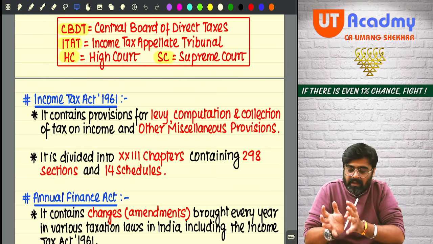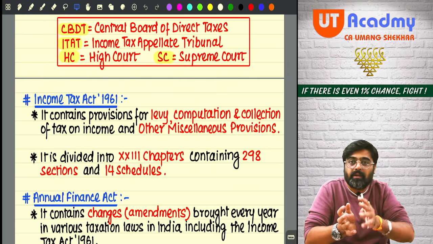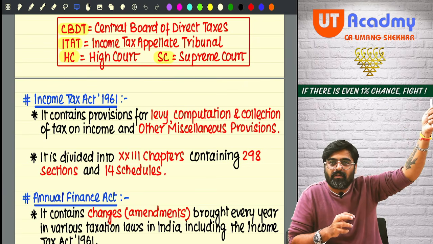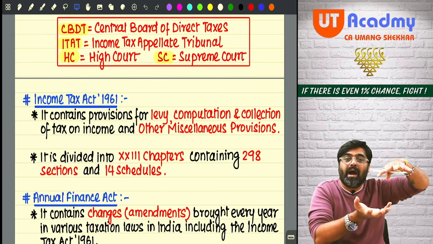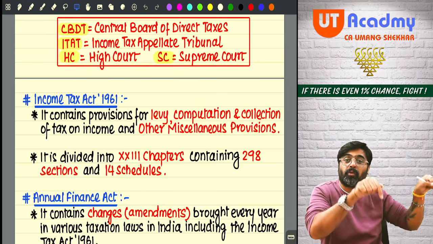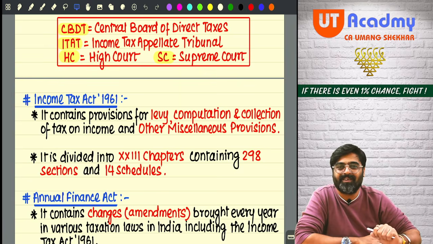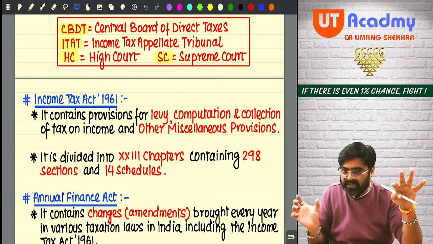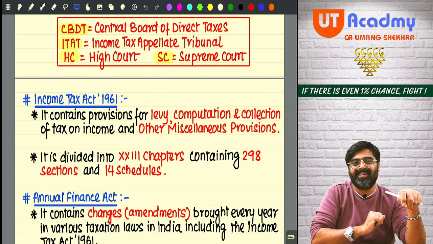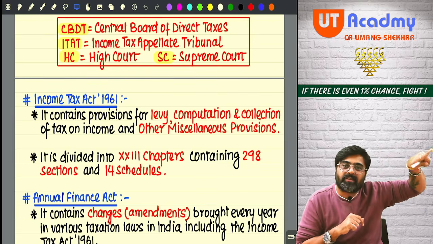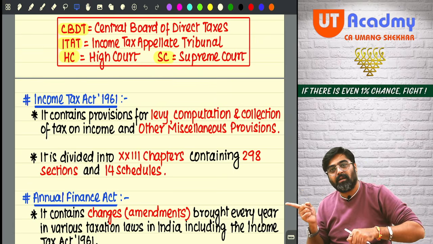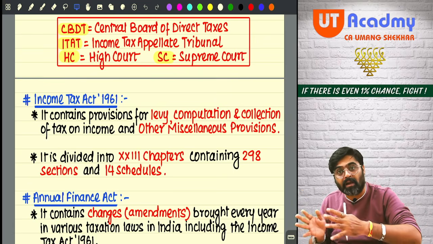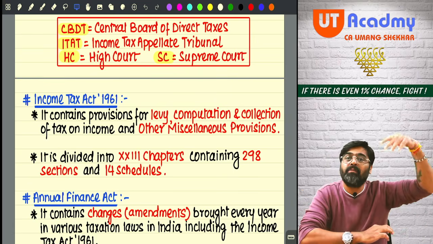Let us put it after all the sections end, in schedules. So a schedule is nothing but an extension of a section. Whatever is written there belongs to a particular section, and to avoid complications and confusion, it is put in schedules.